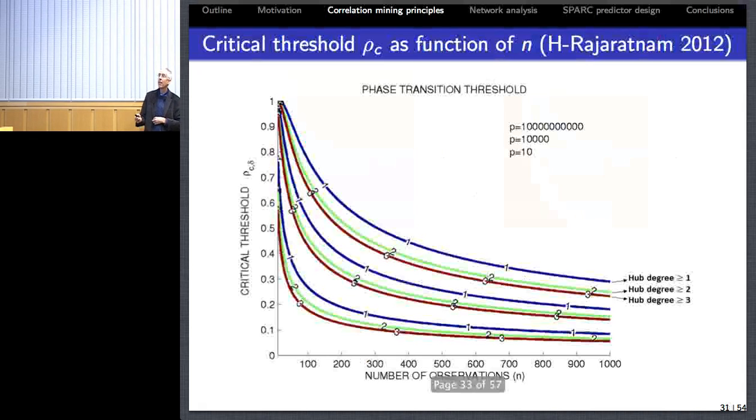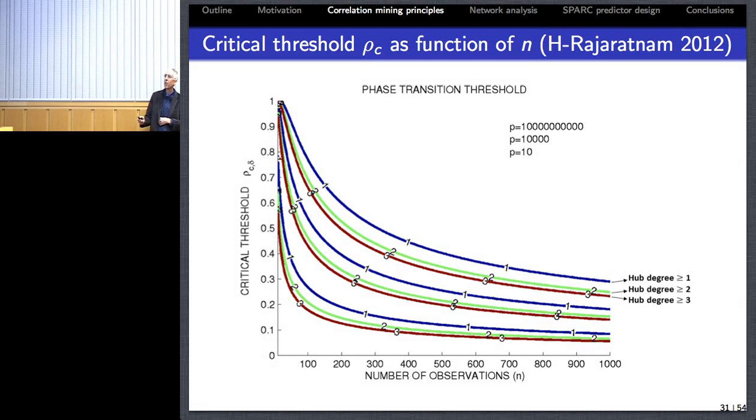You can look at this as a design matrix, if you like. So these curves tell you for different numbers of variables. So let's start with 10,000 biomarkers that were in these curves here. This is looking for hubs of degree 3 or more. This is just looking for connectivity. The number of observations you need versus the critical threshold.